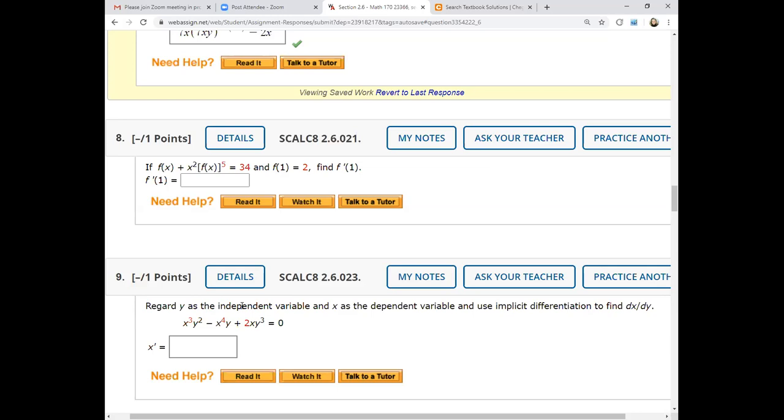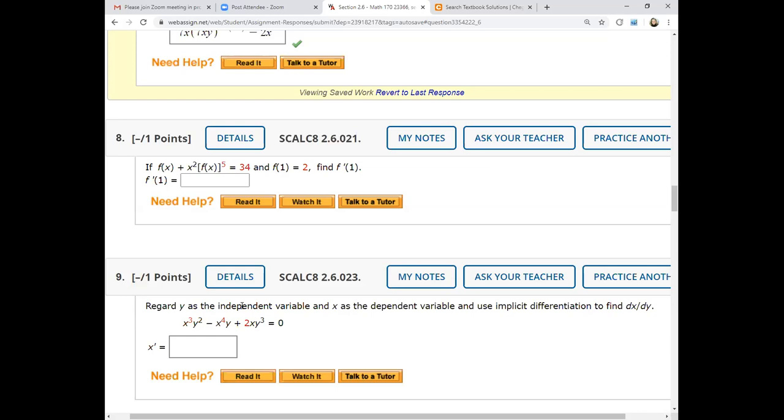So f prime of 1 plus, now let's fix this product in here. We have to follow the order of operations. So we have 2 times 2 to the 5th, that's going to give us 2 to the 6th, which is 64. Plus 5 times 2 to the 4th is 16. 5 times 16 is 80.